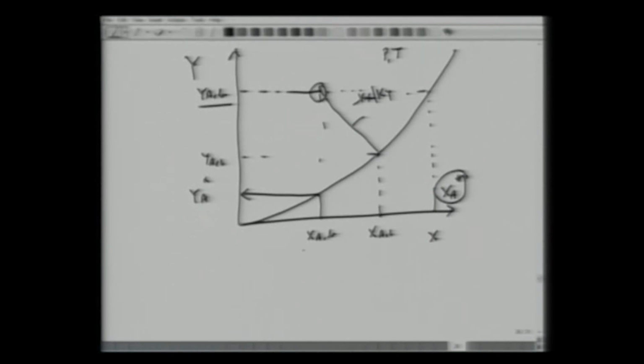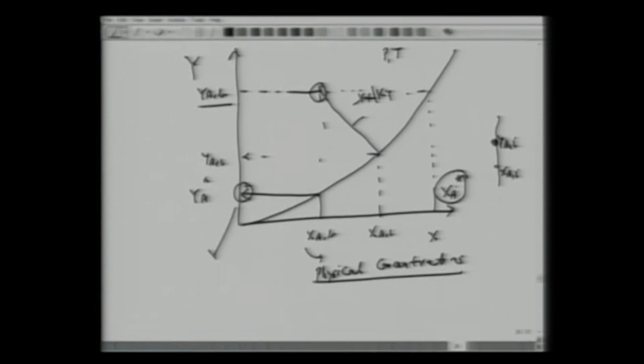These are the two physical or measurable concentrations. XAI and YAI, they are also physical. They also exist at the interface, except we are trying to avoid the measurement of these concentrations, which are YAI and XAI. XA star and YA star, these two are hypothetical, they do not exist in the system.